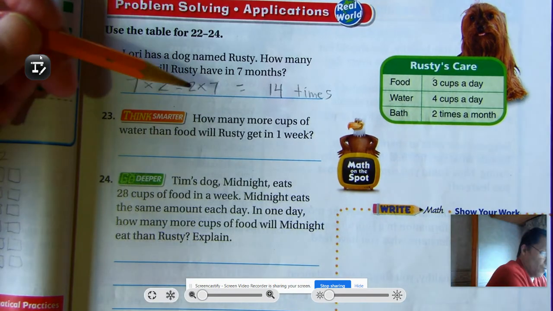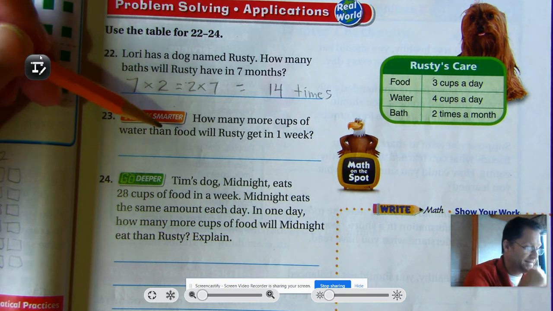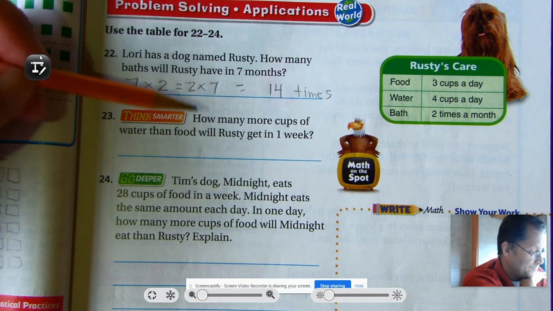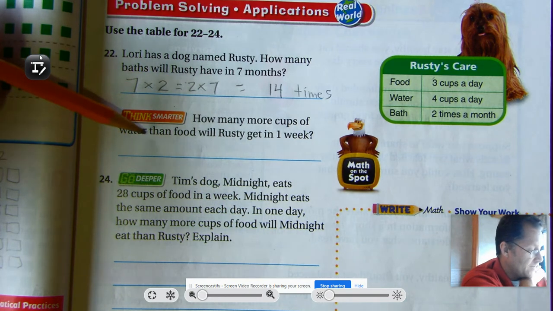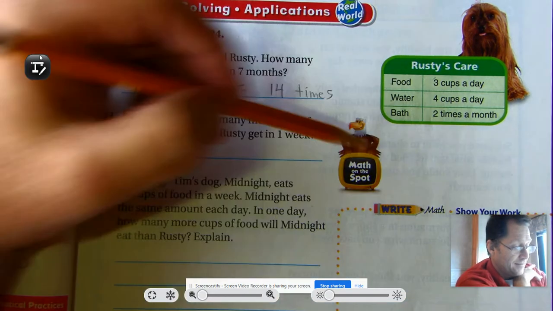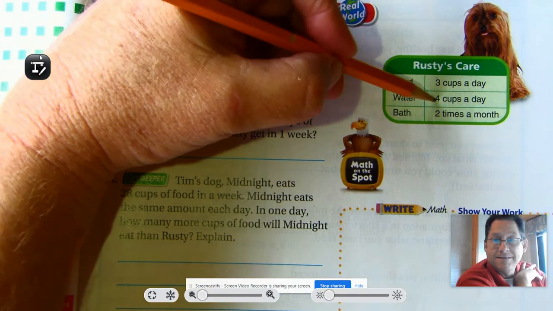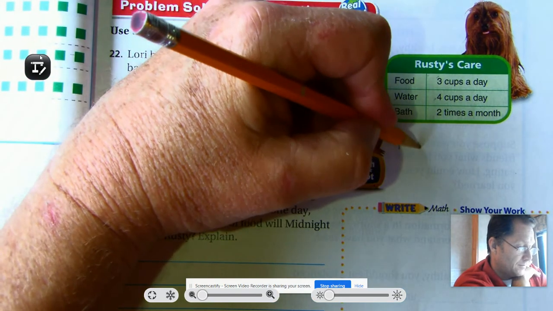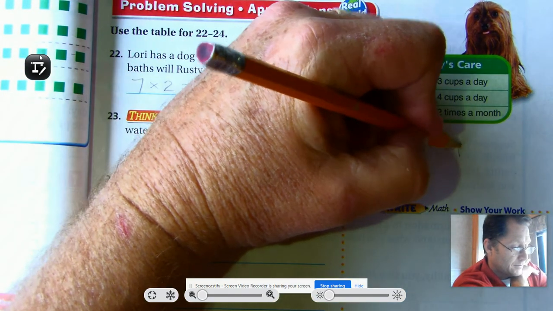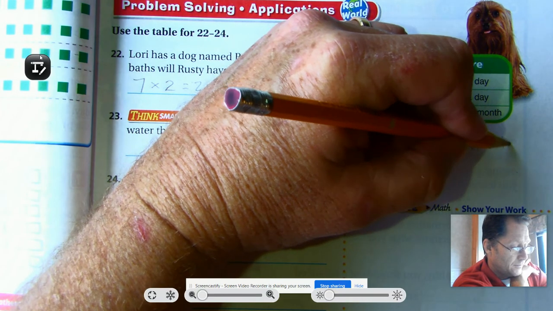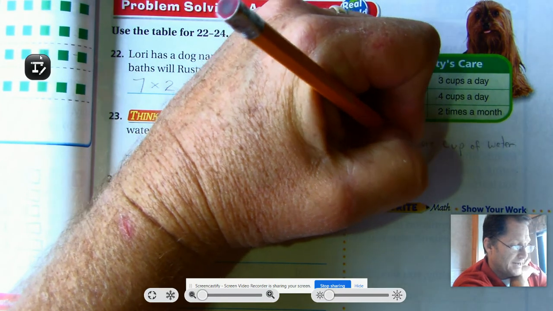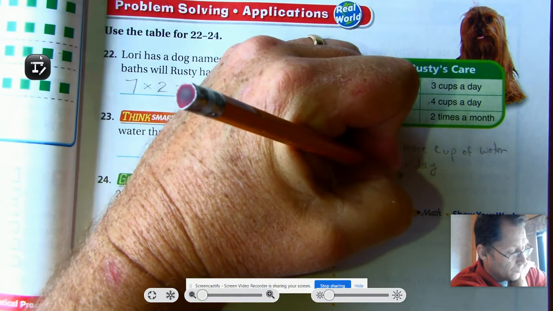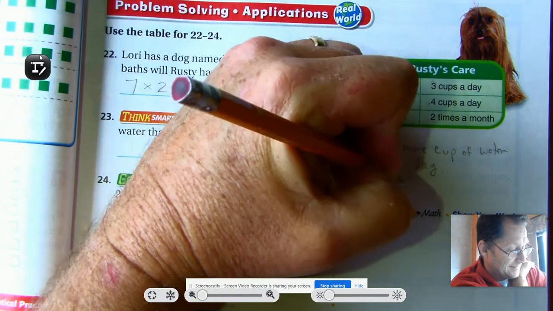How many more cups of water than food will Rusty get in 1 week? Well, there's a couple ways of doing this. How many more cups of water than food does he get per day? Here I see 4 cups of water, 3 cups of food. So he gets 1 more cup of water per day. And it says in 1 week. So 1 week would be 7 days.